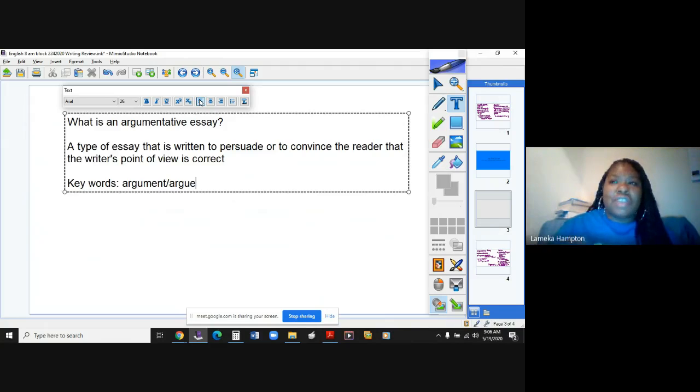And then that person will say, okay, well, blue is the best color in the world because of such and such. Then the other person who likes red better would say, well, I understand what you're saying. However, red is the better color because of such and such. So when we are in an argument or when we are arguing with someone, we're trying to prove a point.